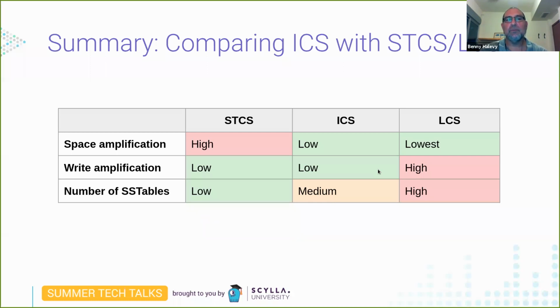So we will end up with more physical SSTables on disk. In LCS, since it uses a small fragment size, typically the size of the memtable, we end up with many SSTables on disk, which might hurt performance due to the increased metadata overhead required to keep track of many SSTables on disk.